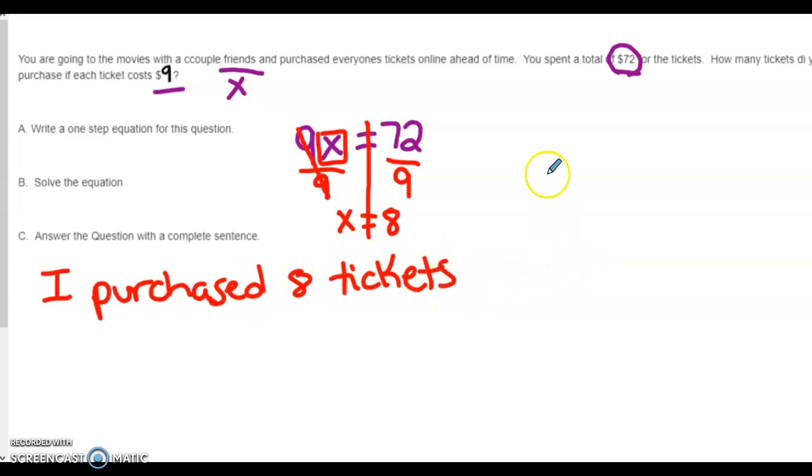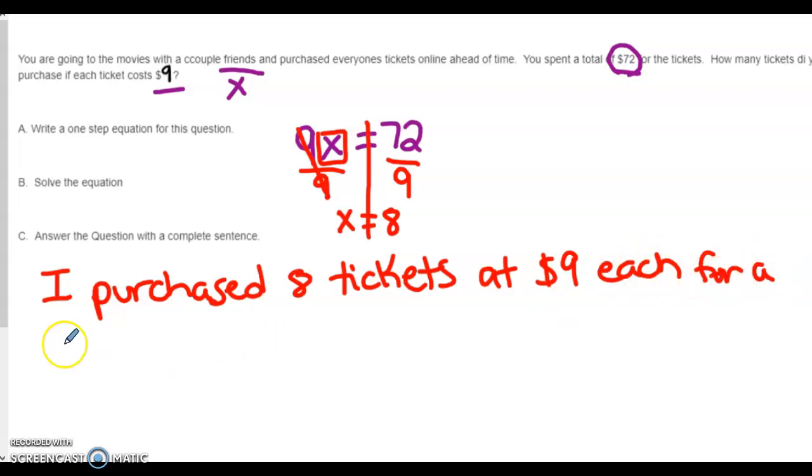You can leave your sentence as simple as that, or you can make it a little more detailed and say, I purchased 8 tickets at $9 each for a total of $72. Now, your sentence does not have to be that long. It just needs to be a complete sentence answering the question.